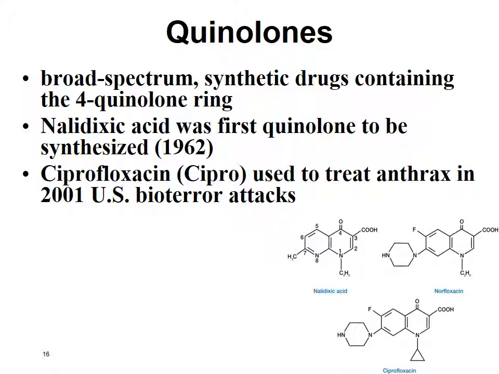And since that time, generations of fluoroquinolones have been produced. 3 of these are currently used in the United States, and more of the fluoroquinolones are being synthesized and tested. Ciprofloxacin, otherwise known as Cipro, gained notoriety during the 2001 bioterror attacks in the US as one treatment for anthrax.